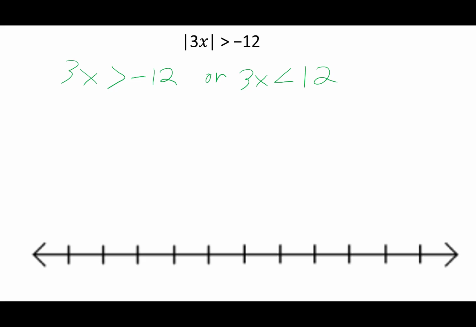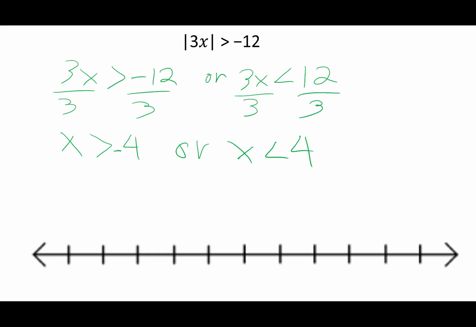So remember, with absolute values, the negative being greater than or less than a negative does not determine whether we can work it out or not. It will determine whether it is a no solution or an all real numbers. All right, so I'm going to divide both sides by 3, and I get x is greater than negative 4, sorry, negative 4 there. X is less than 4.